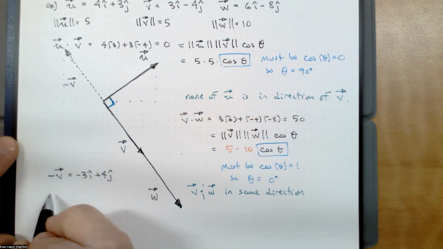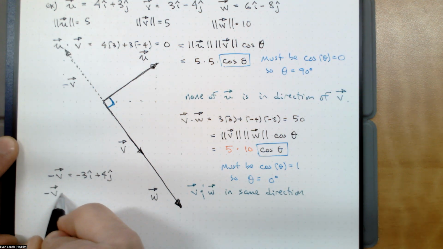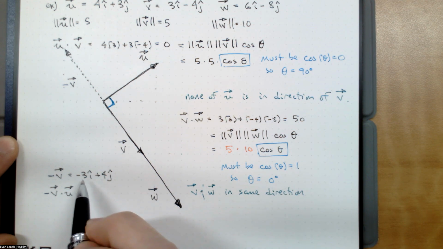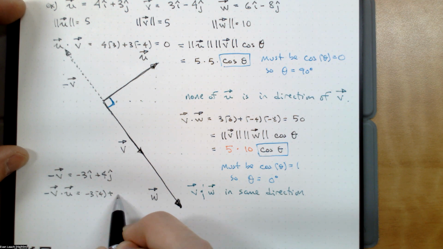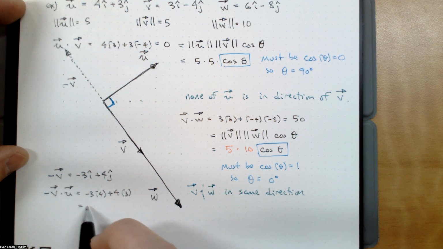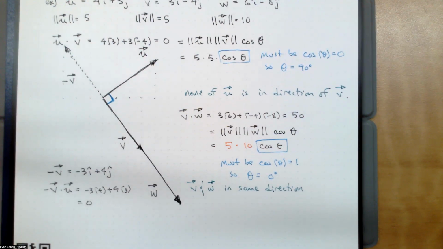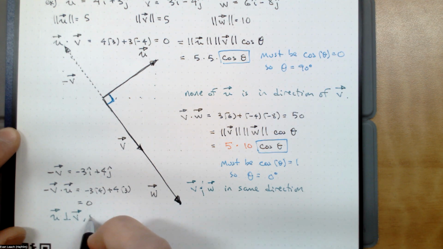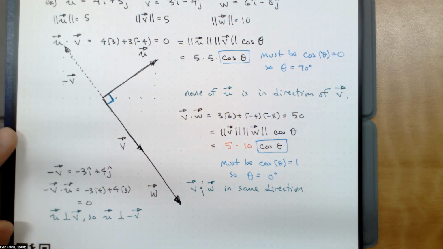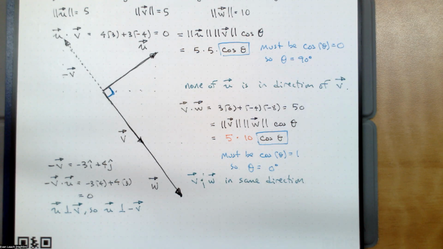So if I do negative v dot u, I get negative 3 times 4 plus 4 times 3. And that is still 0. That makes sense. If u is perpendicular to v, then u is perpendicular to negative v as well. That is not surprising.